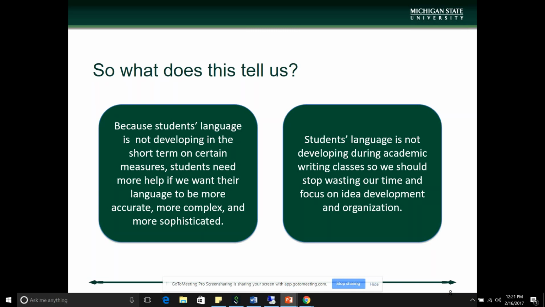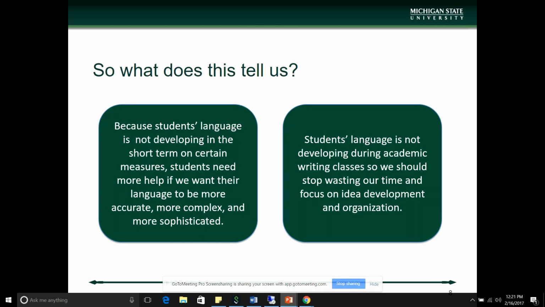I will say, however, that all of the teachers did give feedback related to language on the students' writing. So really, this is what we're trying to understand. We also talked to the students and asked them, what's your goal for this class? What are you trying to get out of this class? They did all talk about language.